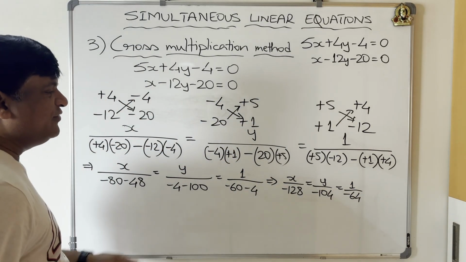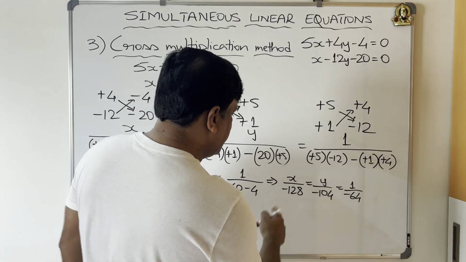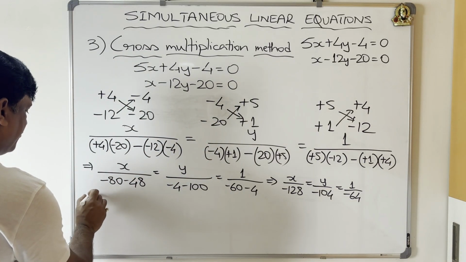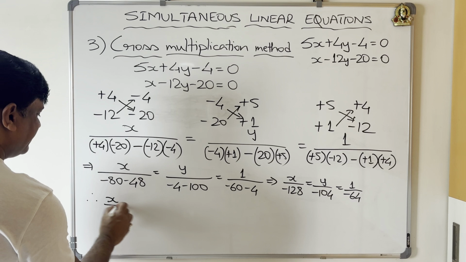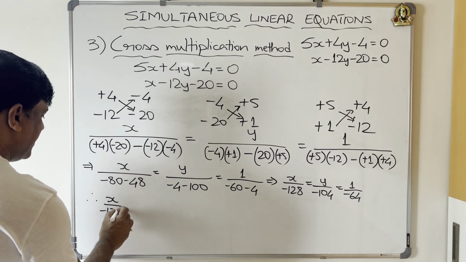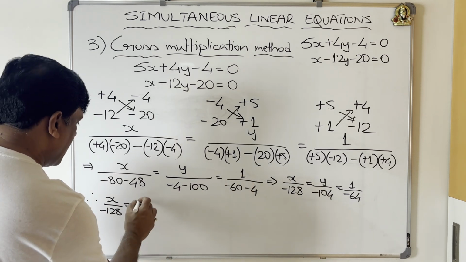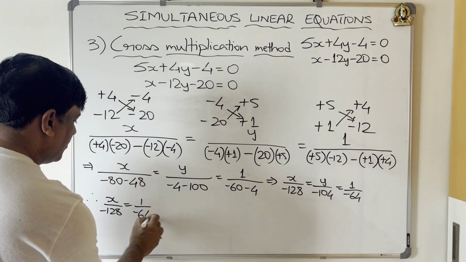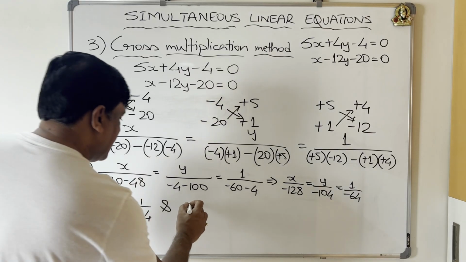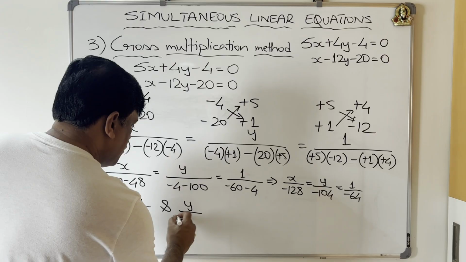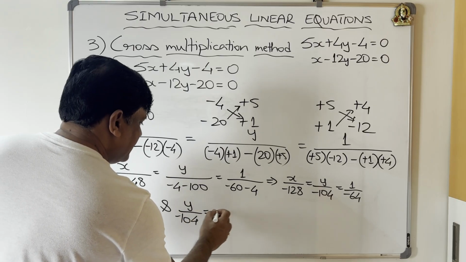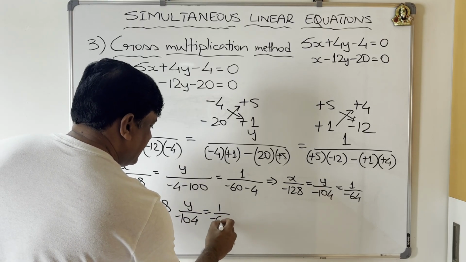Now to find the value of x and y, I can write it like this. So therefore, I can write it as x by minus 128 equal to 1 by minus 64. And I can write it like this also. Y by minus 104 is equal to 1 by minus 64.